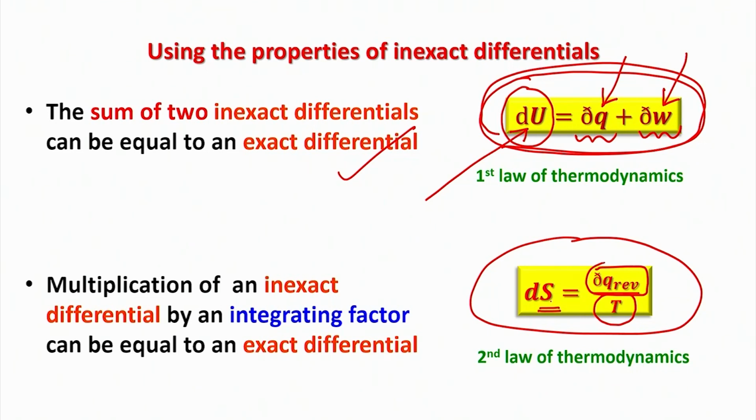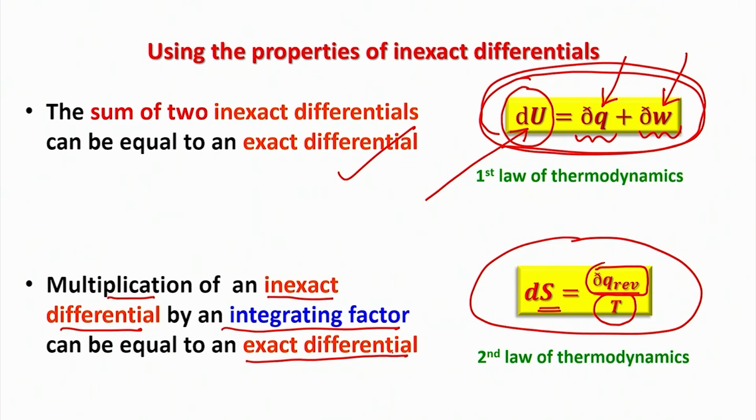This kind of relationship once again is mathematically feasible. Why? That is because multiplication of an inexact differential by an integrating factor can actually be equal to an exact differential. And therefore, the second law of thermodynamics and its mathematical form is also a valid one.